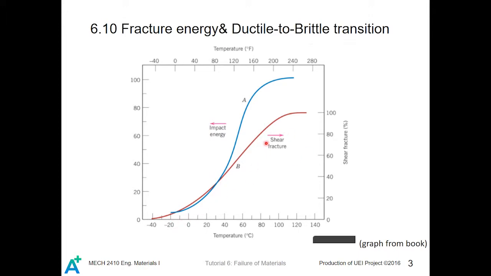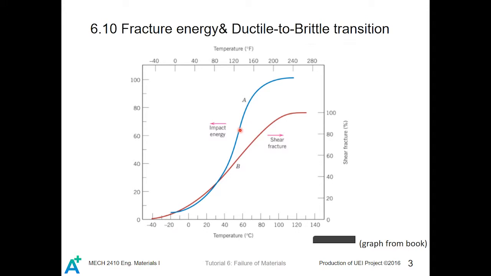And B is the shear fracture percentage. A higher shear fracture percentage can be considered as a higher percentage of ductile fracture. And a lower percentage definitely means a lower percentage of ductile fracture, or a higher percentage of brittle fracture.